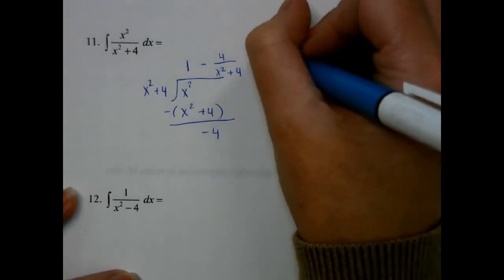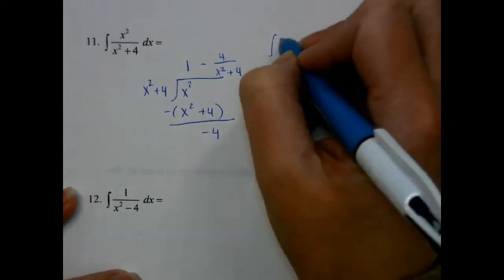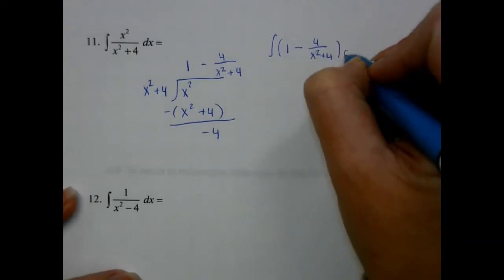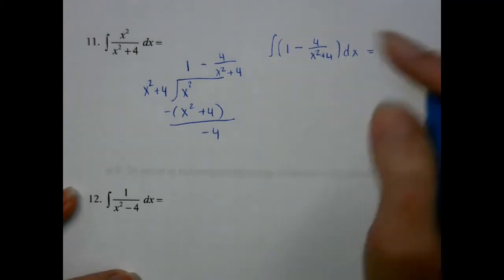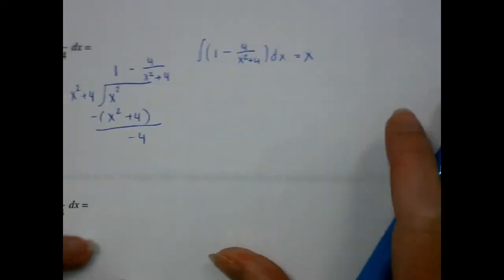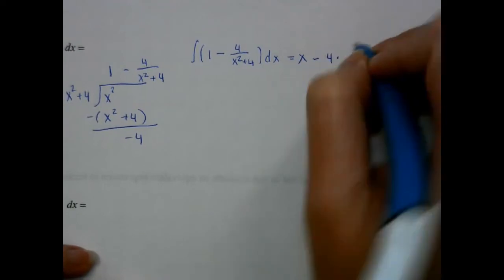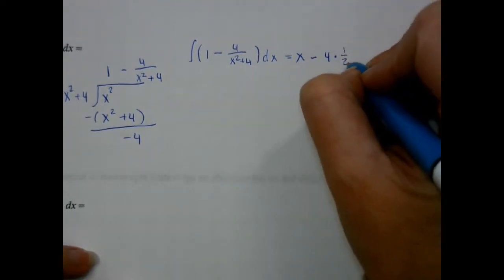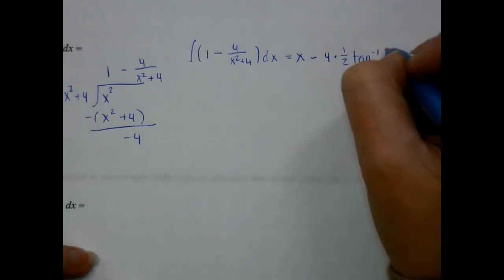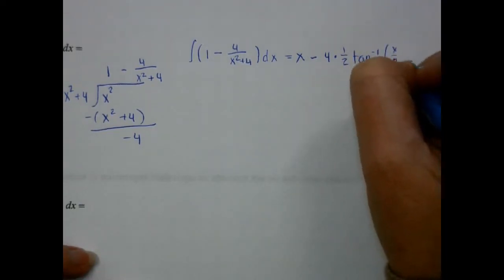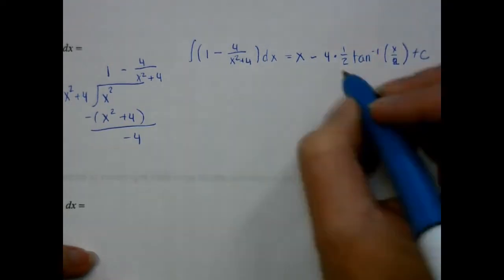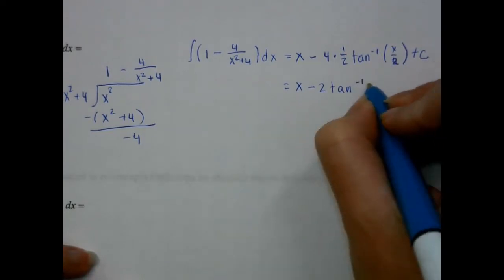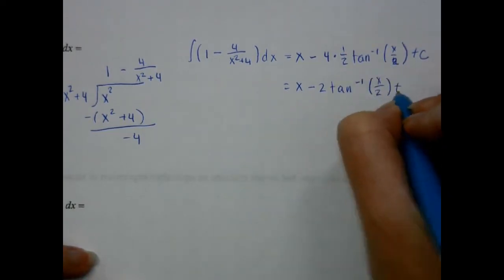So my new integral is of that, 1 minus 4 over x squared plus 4. So the integral of 1 is going to be x. Then minus 4 times the integral of 1 over x squared plus 4, which we already did, is 1/2 tangent inverse of x over 2, plus c. So you can leave it like that or simplify it like that.